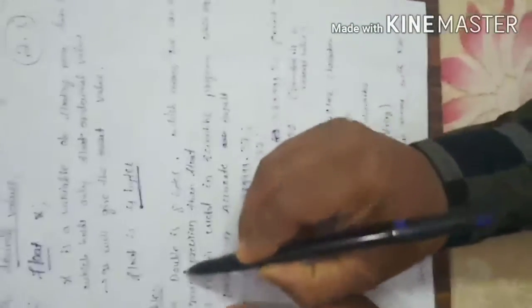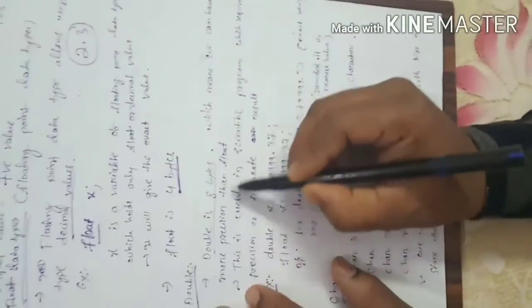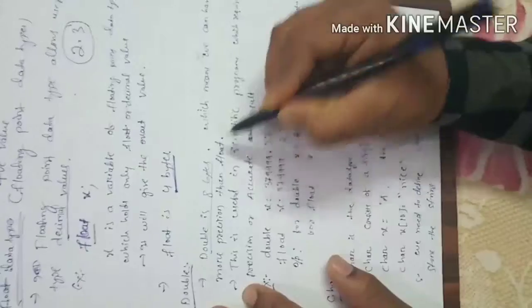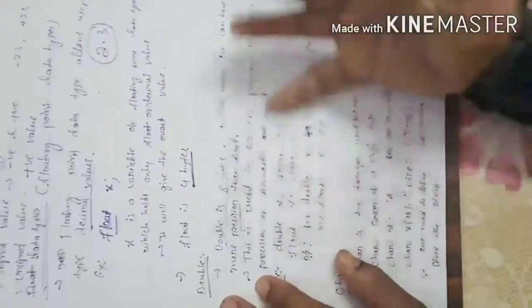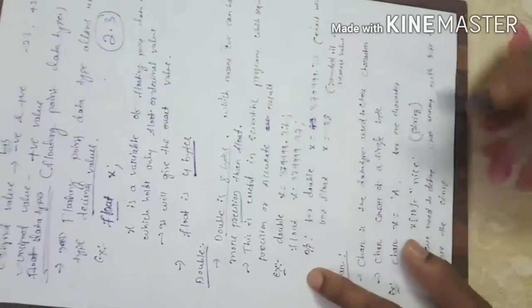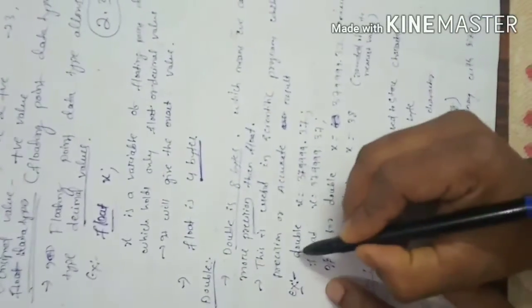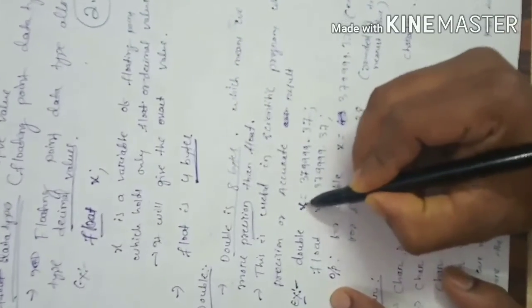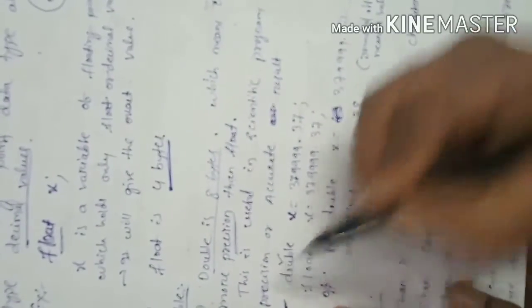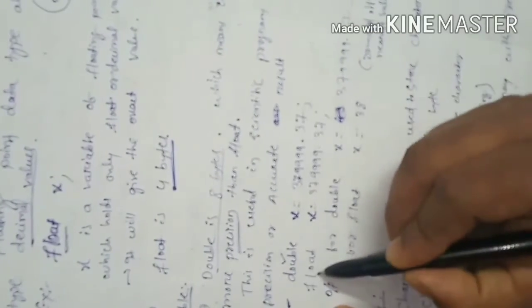Now double data type. Double is 8 byte, which means we can have more precision than float. Precision is nothing but accurate. See, I have written an example here. Suppose I have defined x as a variable of double data type. Here again x is a variable of float data type.